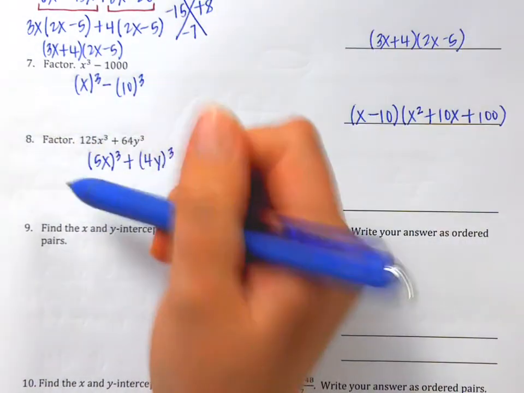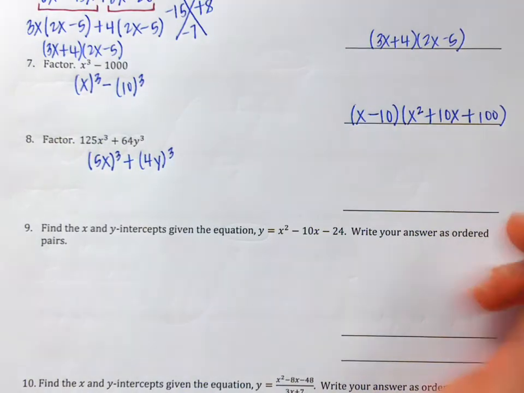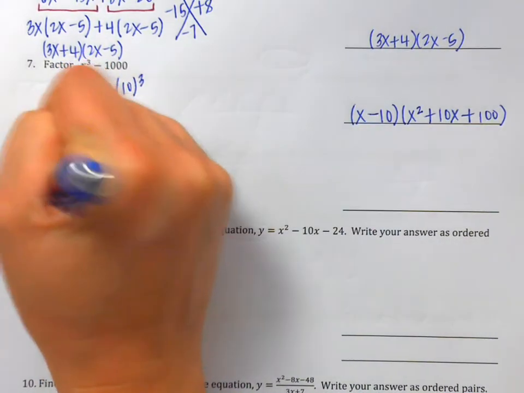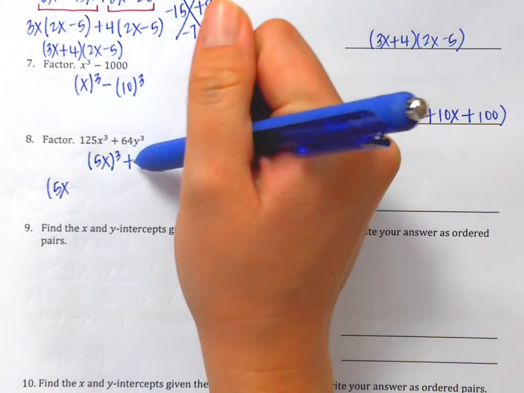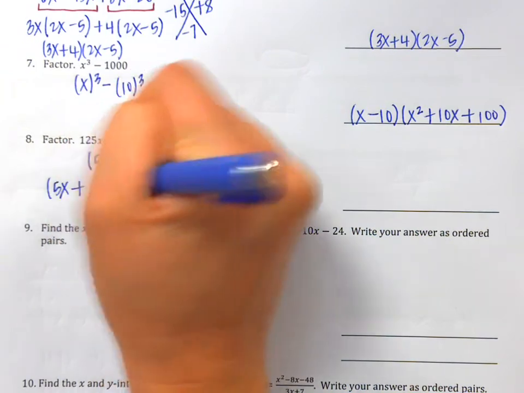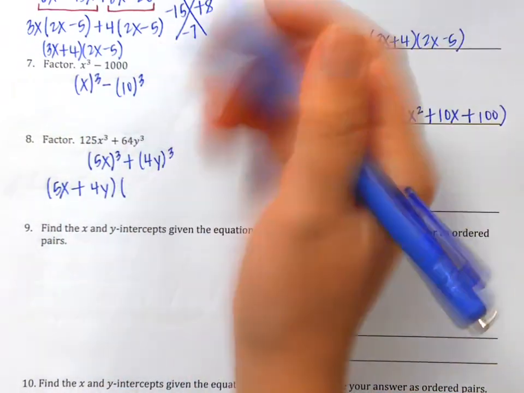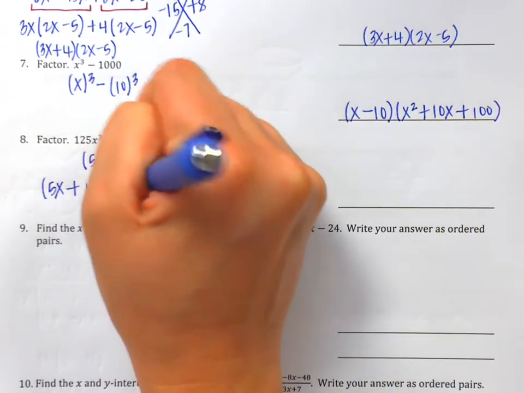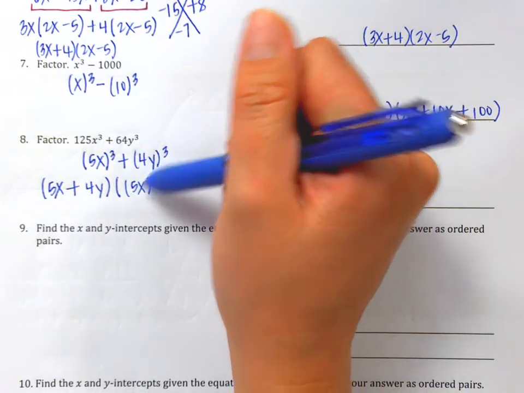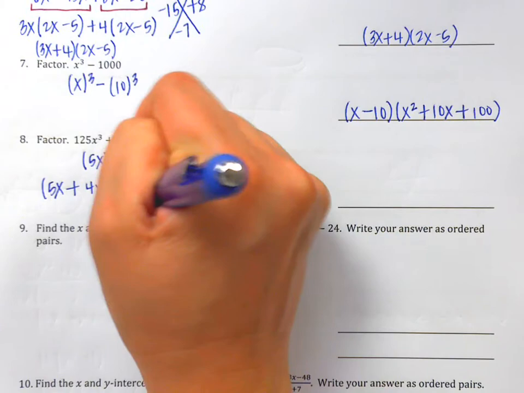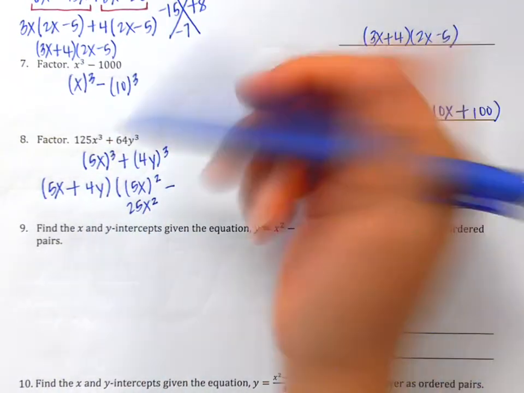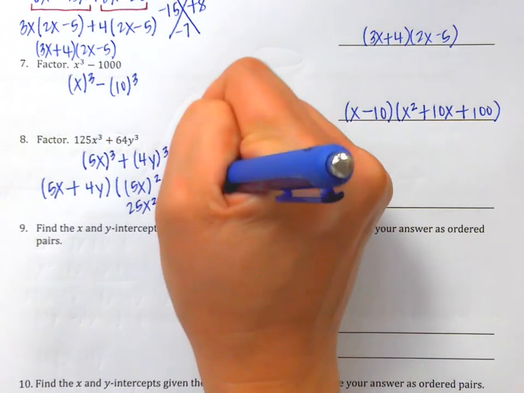So I'm actually going to do this one here and then transfer it over. So the first parenthesis is always pretty easy. It's 5x first term, same sign, so plus the second term, 4y. And then it's the first term squared. So it's 5x squared. Remember, 5 is being squared and x is being squared, so it's 25x squared. Opposite sign, so minus 5x times 4y.